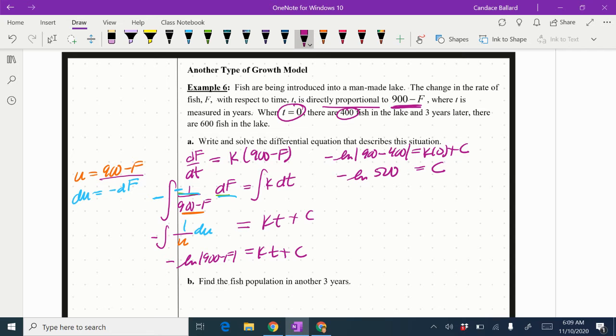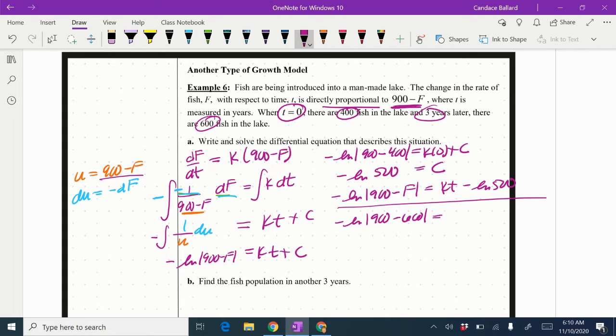And then my new equation is negative natural log absolute value of 900 minus F equals kt minus the natural log of 500. Now I'm going to use my other value, the 3 years and the 600 fish, to solve for k. So negative natural log absolute value of 900 minus 600 equals k times 3 minus the natural log of 500.